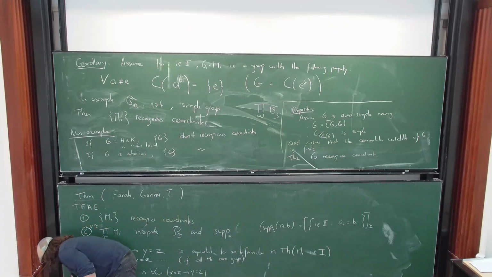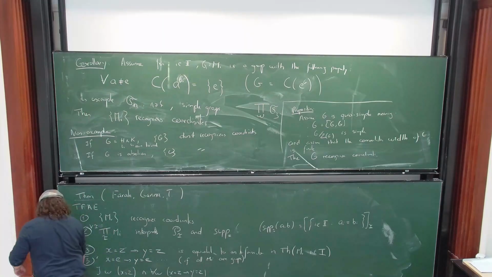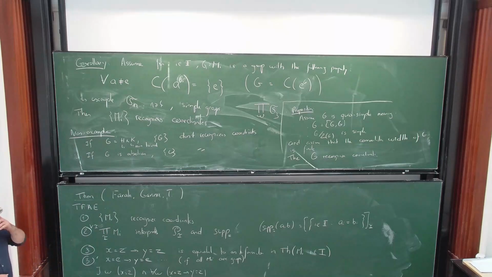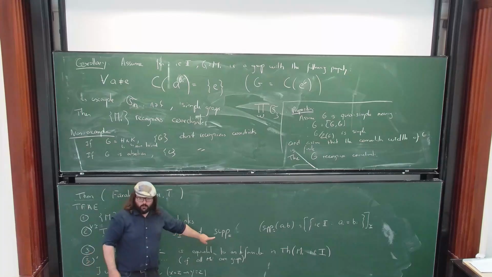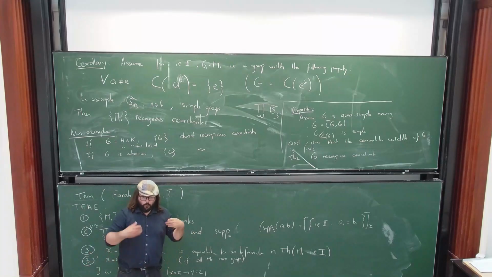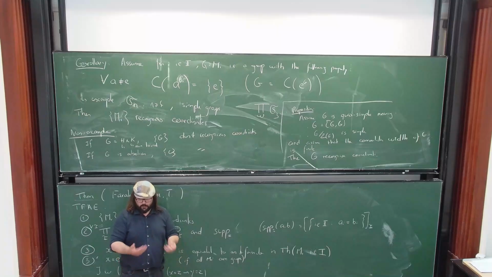Before you erase this, may I ask, when you say recognize coordinates in the theorem, is it for pure groups or is it just for any language extending the group language? Yes, it's a very good question. If you have more structure, you have more opportunity to interpret the support and recognize coordinates. You have more definable sets.